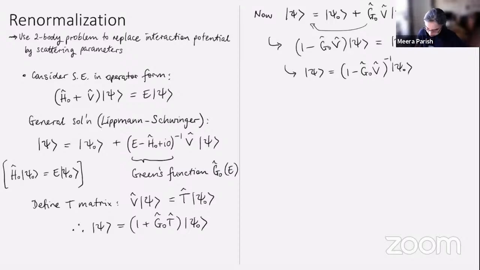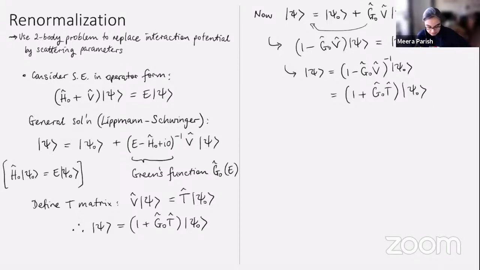Oops, minus 1 here. Okay, and so now I can compare this one here with this form here to actually work out what this T matrix is. So I know that that's also equal to 1 plus G naught T. Okay.